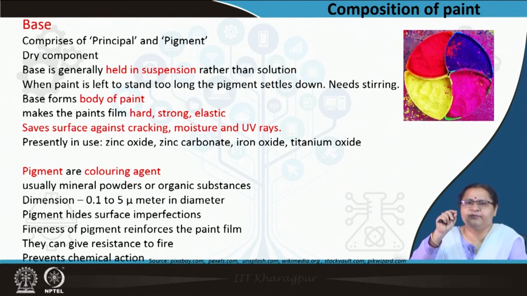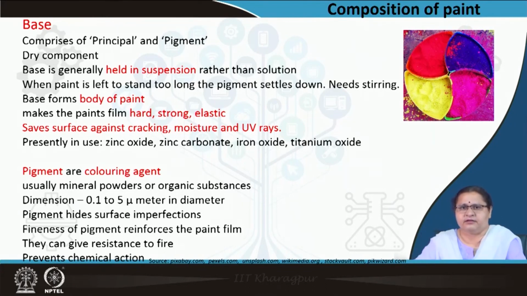So, the finer the pigment size, or these base and pigment sizes, the more tightly or closely packed they are, and the paint becomes more impervious. So, it strengthens the film. The lower the size, the stronger the paint film, the better the quality.